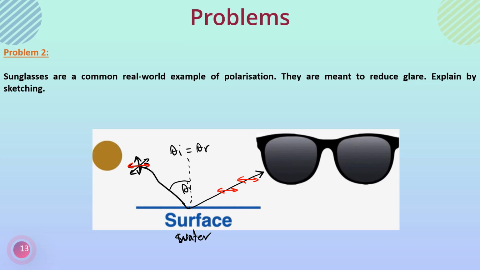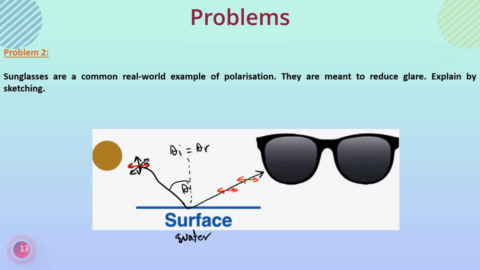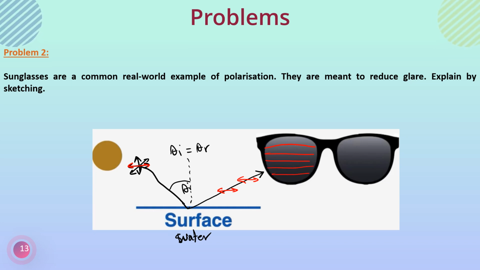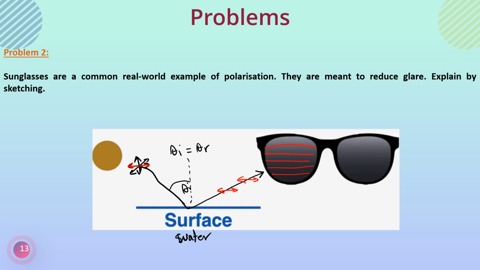So the others will be blocked by the water surface. When we design the sunglasses, should we make them horizontal or vertical? If it is horizontal, that means this will pass through.